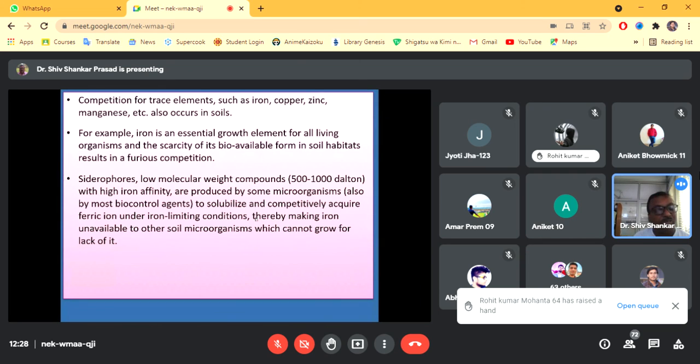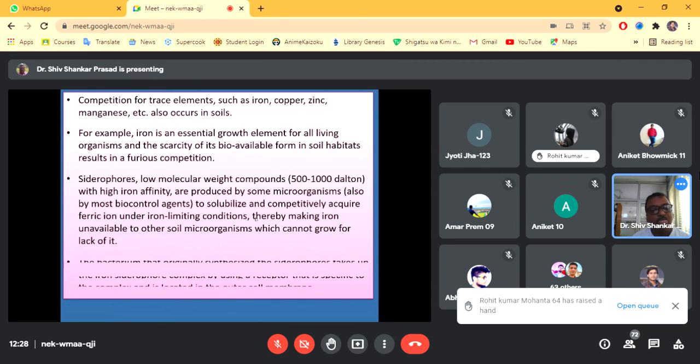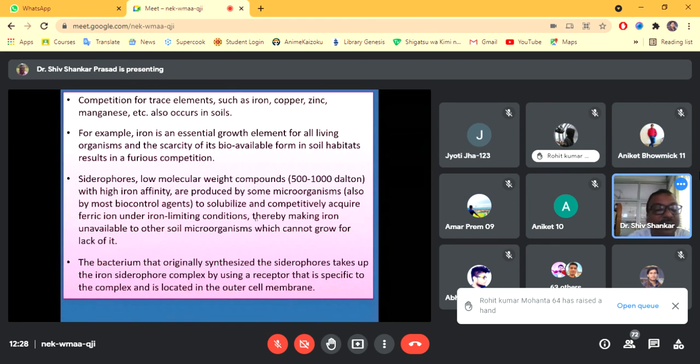So they affect the growth of pathogens and deleterious microorganisms, while for biocontrol agents and PGPR the bioavailability of this iron is suitable for the plants only. Originally they synthesize the siderophores, and accept the iron-siderophore complex by using a structure specific to the complex, located in the outer cell membrane.